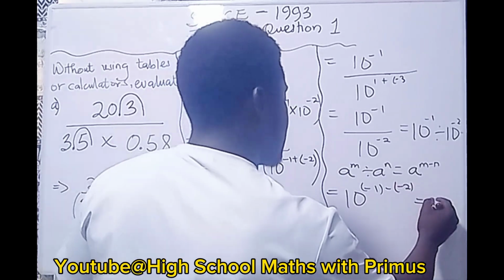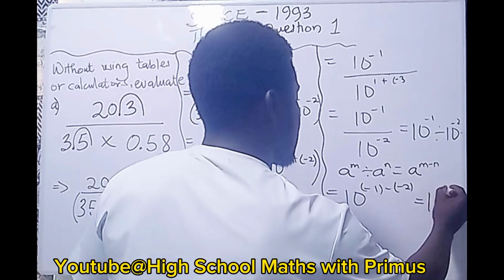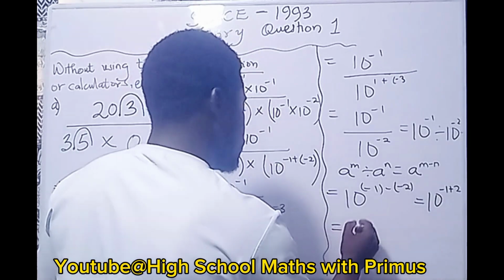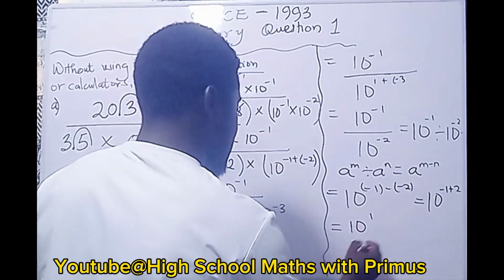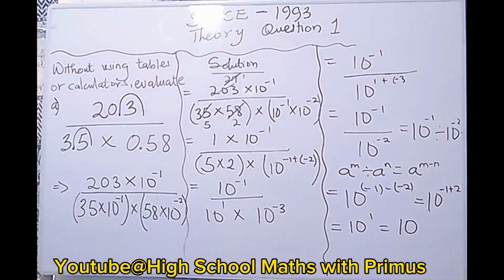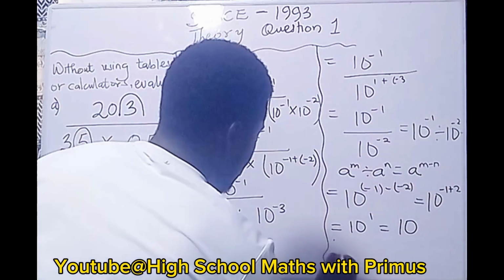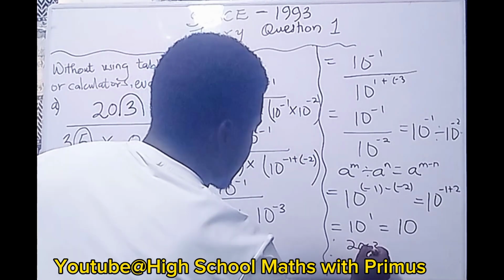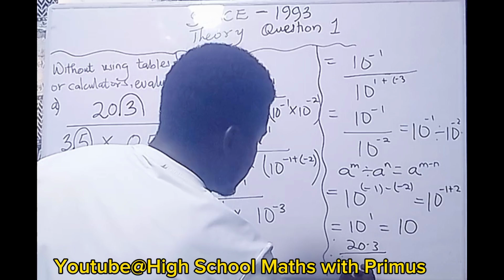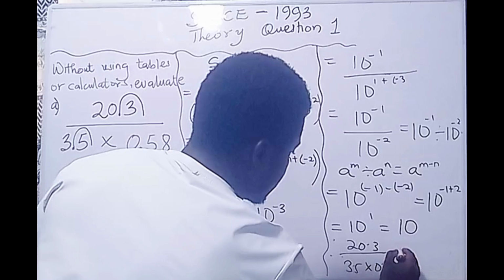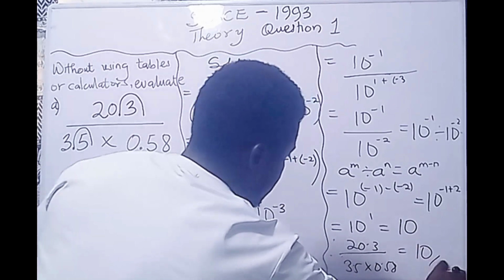And this is the same as having 10 to the power negative 1 plus 2. This is the same as having 10 to the power 1. So at the end of the day, our answer is 10 raised to the power 1, which is the same as 10. We conclude that 20.3 over 3.5 times 0.58 is equal to 10.